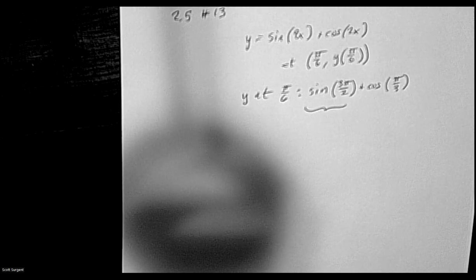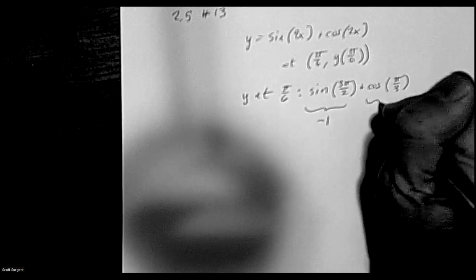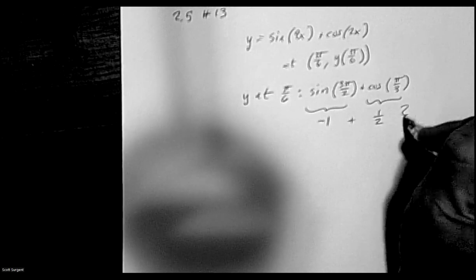Pi is 180 degrees, 3 pi over 2 is 270, on the negative y-axis. So sine of that is -1. Cosine of pi over 3, from the unit circle, is 1/2. So the whole thing works out to negative 1/2. So the point is pi over 6, negative 1/2.